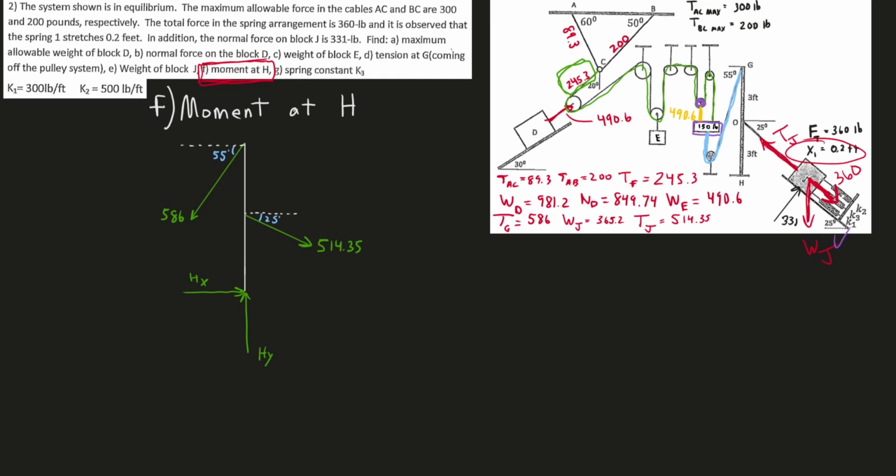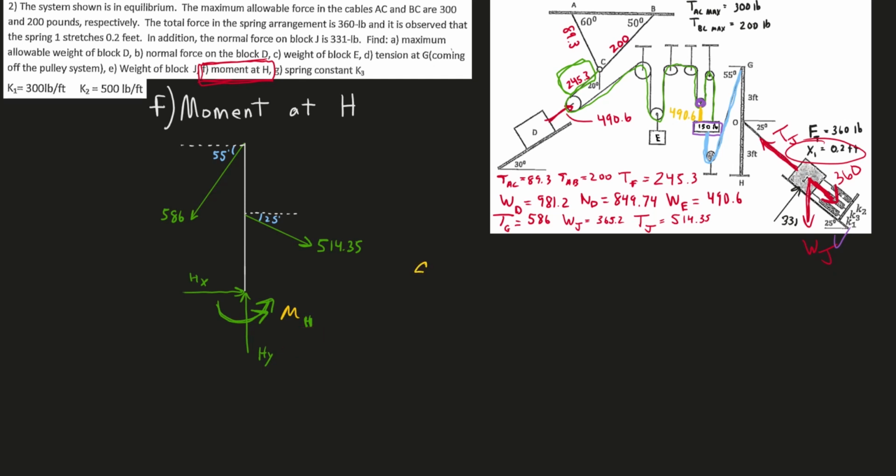What that means is that the ground at H also puts a couple moment on the system as well, which we'll call the moment at H. This is the moment that the ground provides on the rod so that these two forces are not able to rotate the rod about H. So in my mind, this is what the question is asking for, the moment at H.